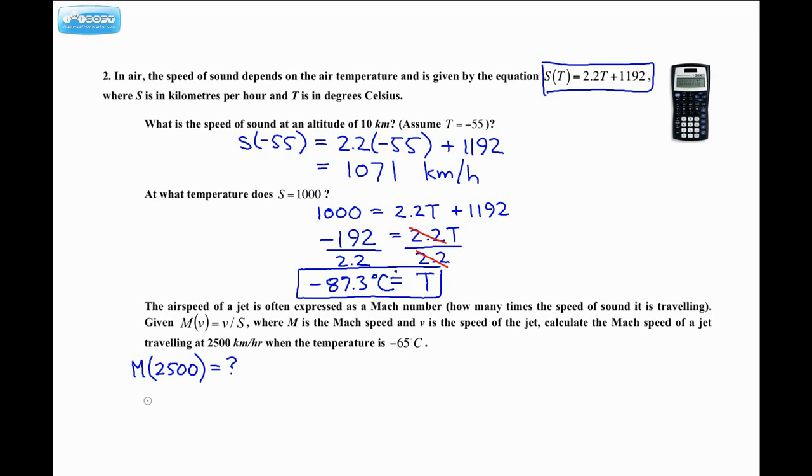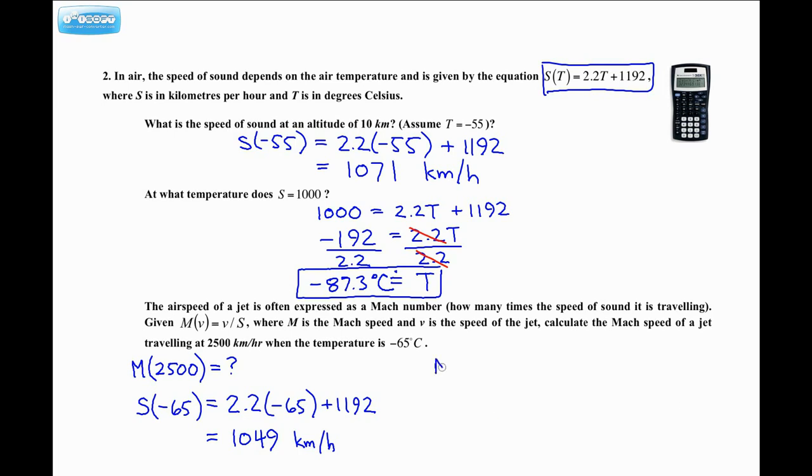So S of negative 65 is equal to 2.2 times that temperature plus 1192. And take your calculator, work that out. You get 1,049. This, of course, is kilometers per hour. Okay, so that is the number we get to use inside here.